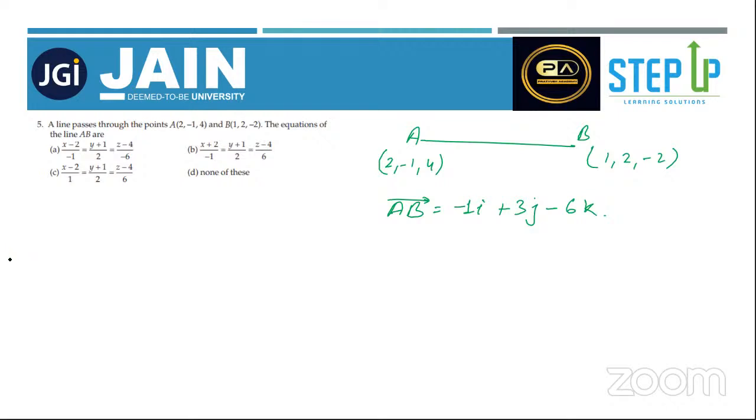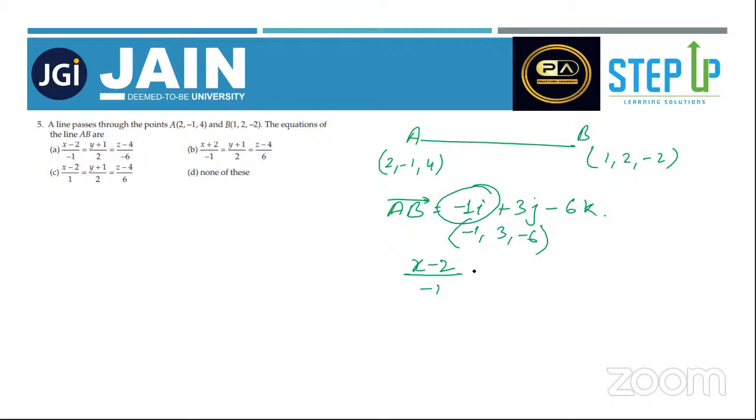So what is the required equation of the line? It is like x minus 2 by this value, that is minus 1, 3, minus 6. So minus 1, direction cosine.